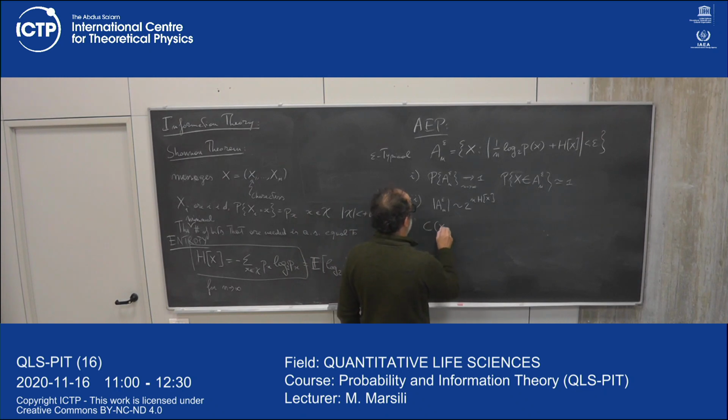consider a code where C of x is between 1 and A_n of epsilon.